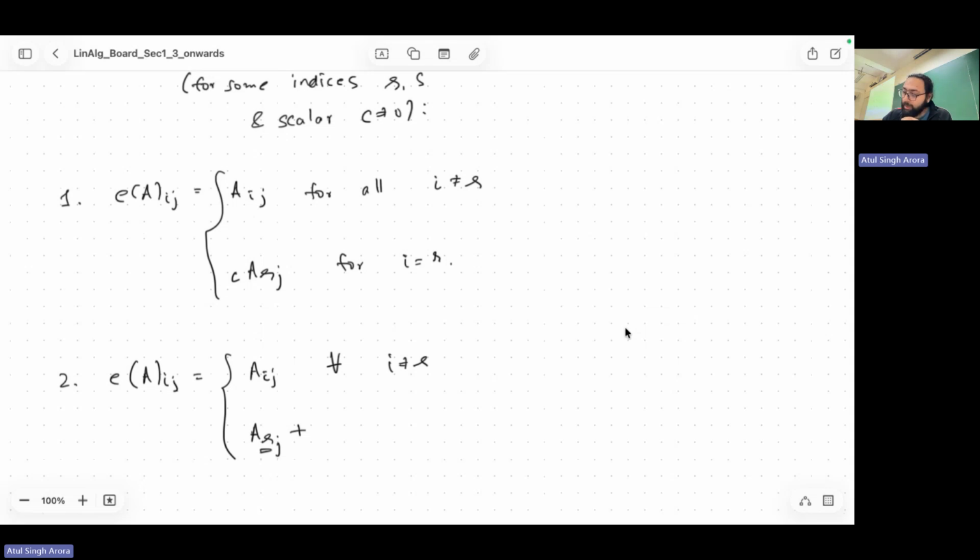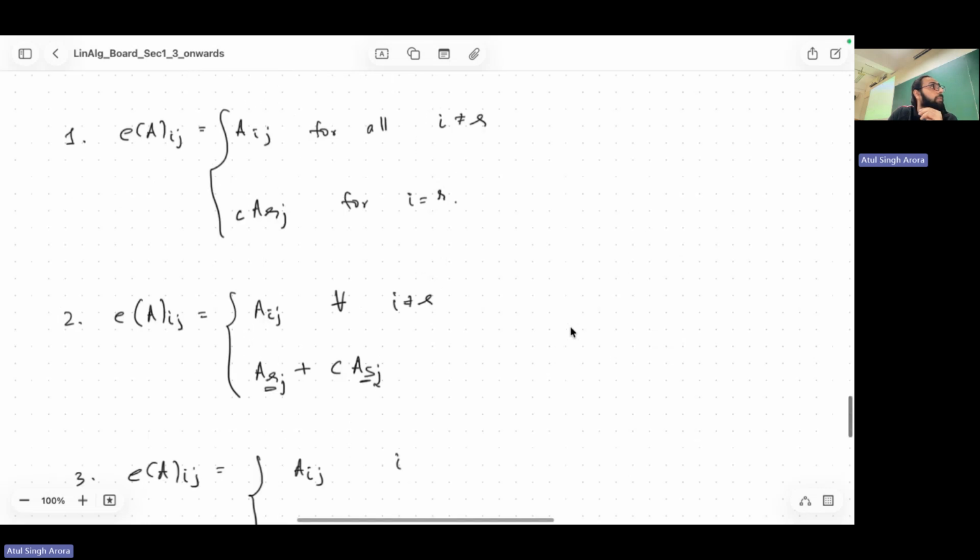Plus some scalar times A_sj, right? Which is the sth row. So j is just indexing the entry of the column, right? The second part. And then the last part is, of course, that you're going to swap two rows. Let's do that. The third one is E of A_ij is going to be unchanged when i, oh, sorry.